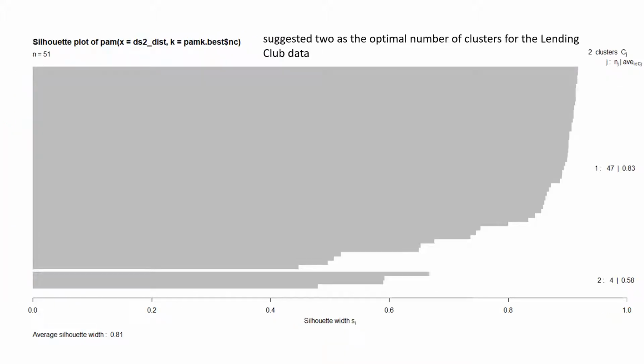Another method that can be used to determine the optimal number of clusters is the silhouette plot. As is the case with the elbow method, the silhouette analysis suggested 2 as the optimal number of clusters for the Lending Club data.